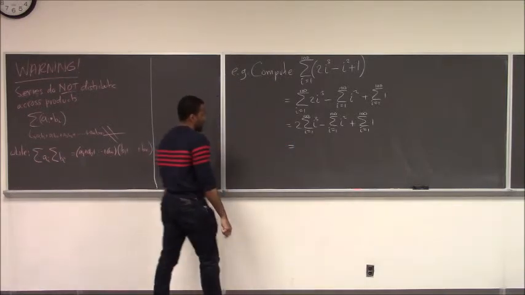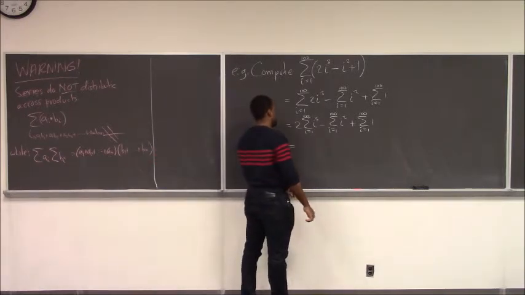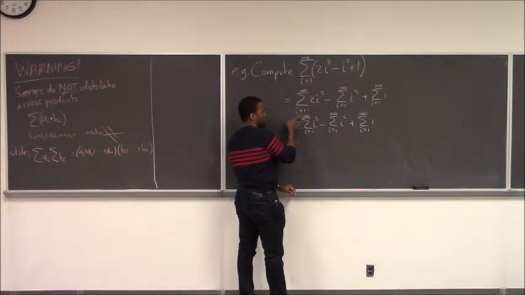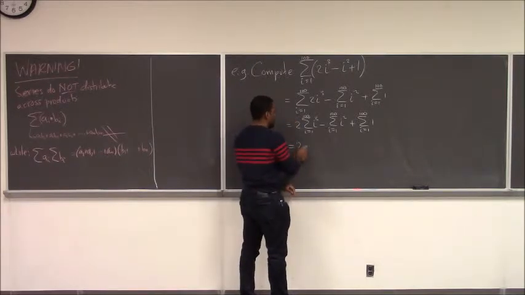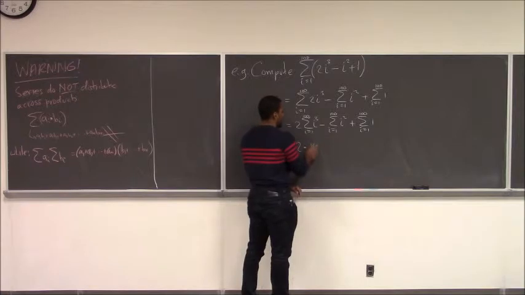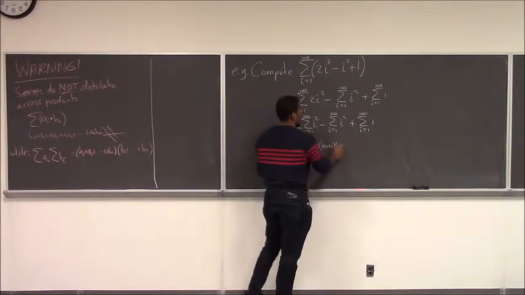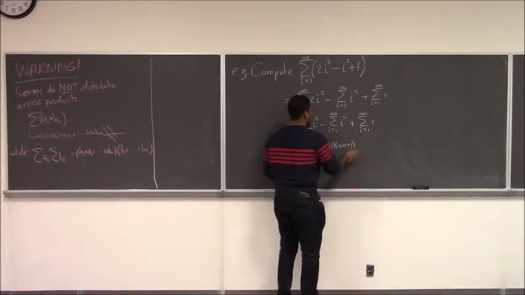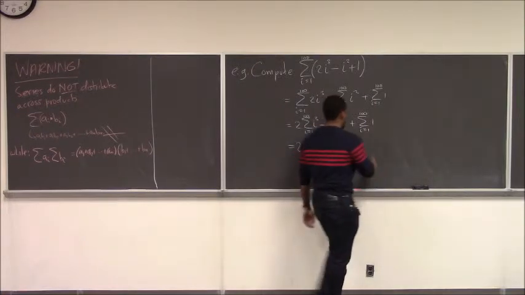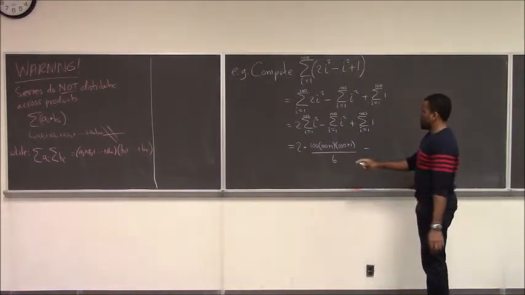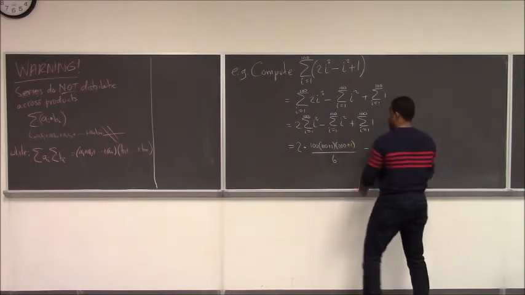Inside, my n is 100, so this is going to be 2 times 100 times 100 plus 1 times 200 plus 1 all over 6 minus, oh, this is the cube, sorry, I thought that was the square.